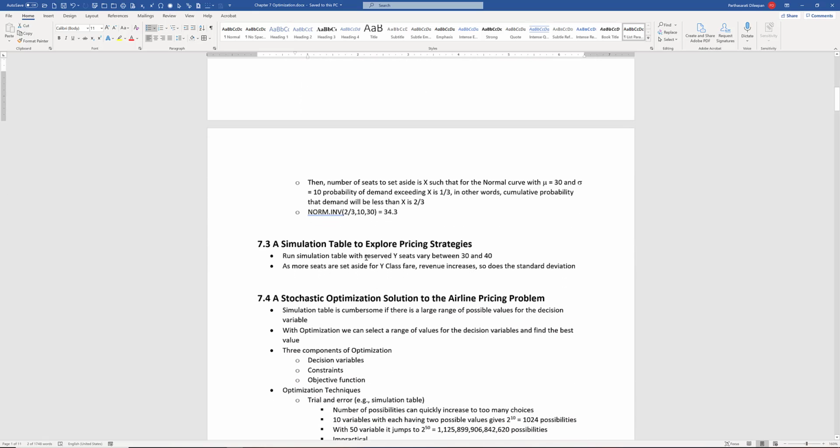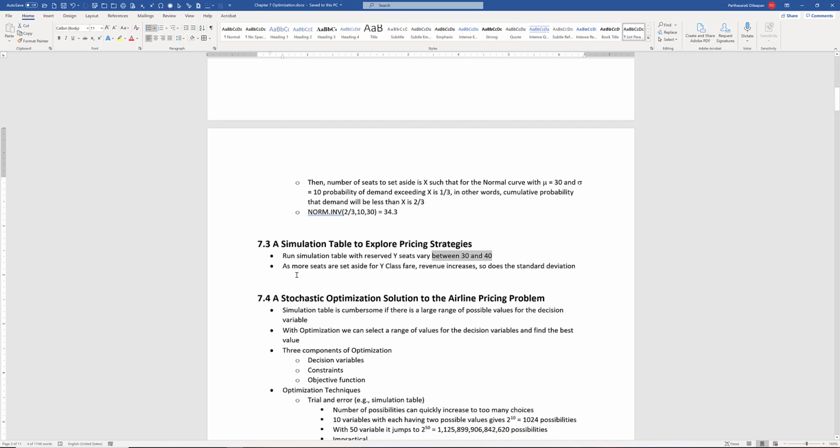So what we're going to do is run a sim table, which is an analysis that we've already performed previously. This is not optimization per se, but we will get into optimization in the next example. We're going to run the sim table for Y seats going from 30 to 40.